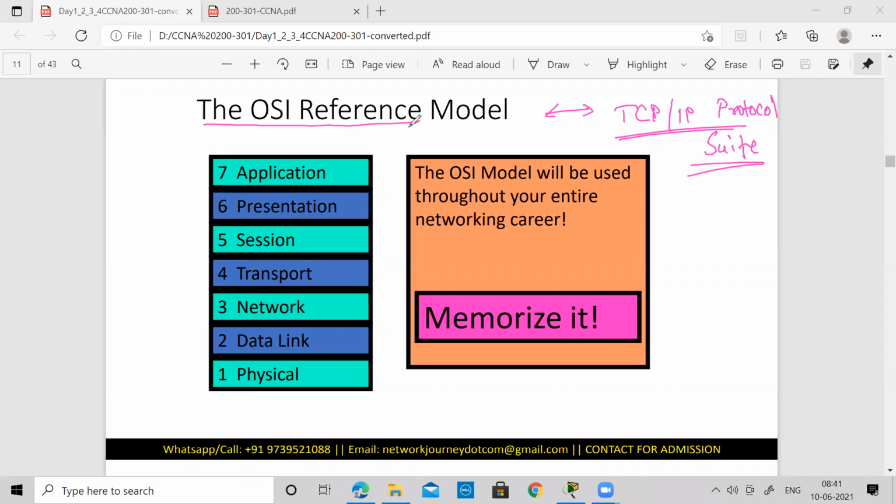So people were comfortable with it, and there was no great need to move towards OSI and reorganize things, or build the infrastructure again with the OSI reference model.